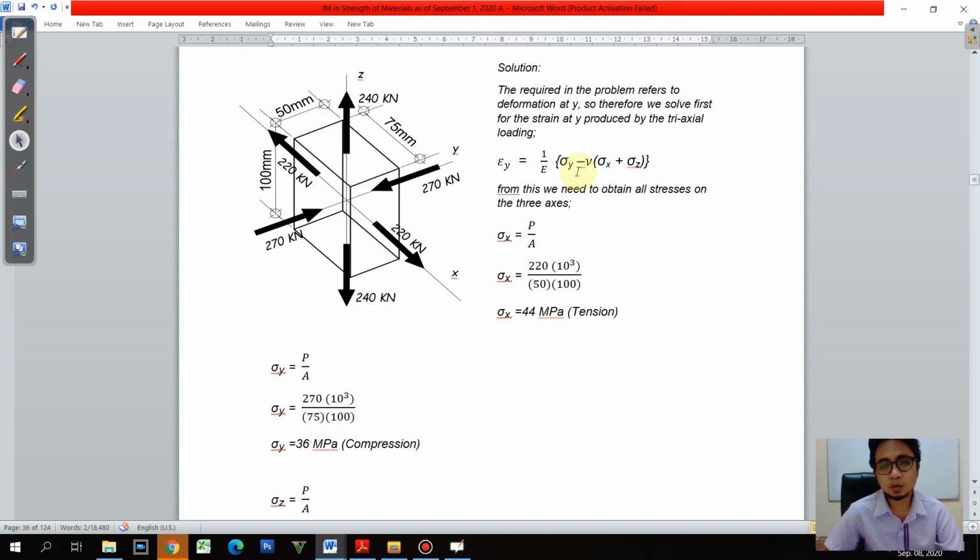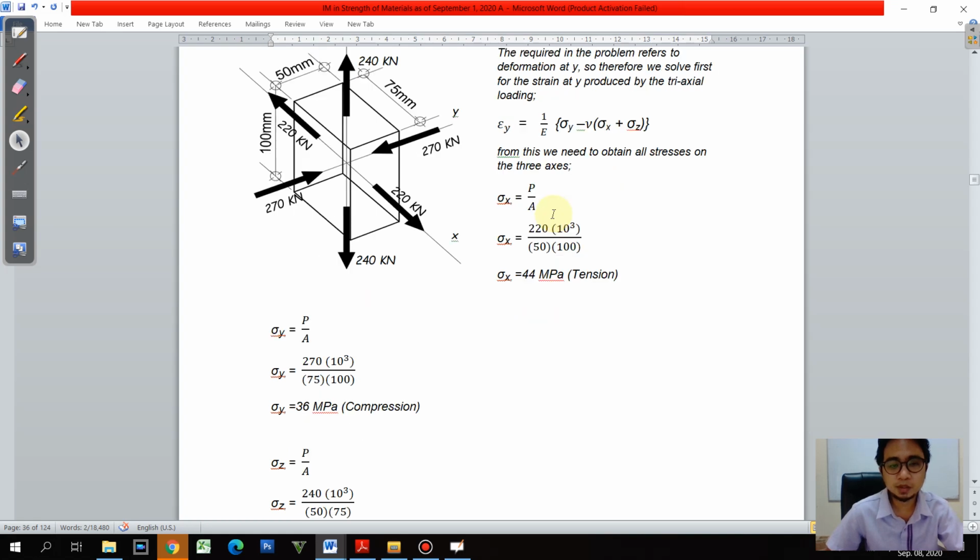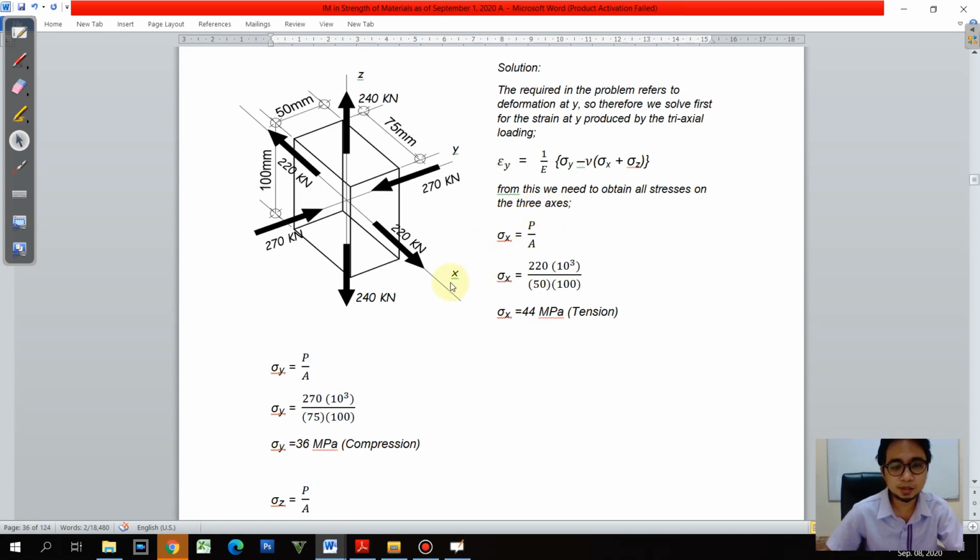And then, all we need here are the stresses. Okay, sa formula, kailangan natin ng stress, ano? So, all stresses along the axis will be computed here, starting at x. So, nasan yung x dito? So, along x, we have 220, and that is tensile. Tensile loading times 1,000 to make it in Newton.